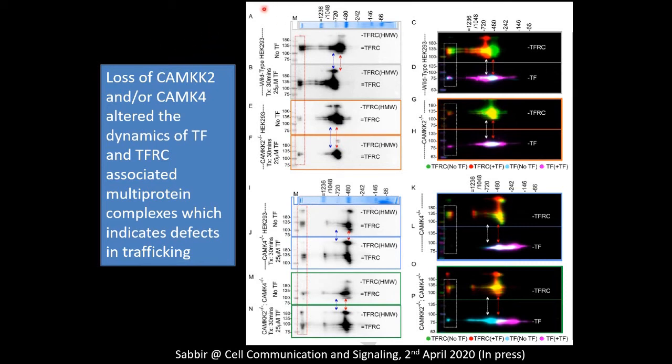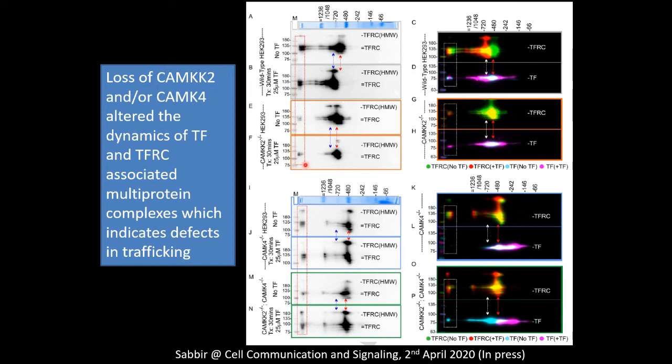On the left panel, there is a series of immunoblots which represents the relative position of transferrin receptor associated protein complexes during transferrin trafficking. Four different types of cells are presented here. The top panel is wild type cell, and it is showing transferrin receptor associated protein complexes under no transferrin and transferrin treatment condition. The double-headed arrows are indicating the relative shift of the protein complexes during trafficking.